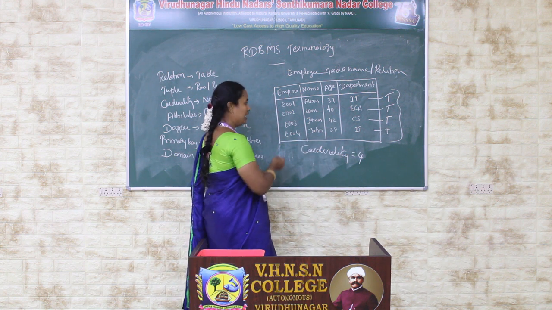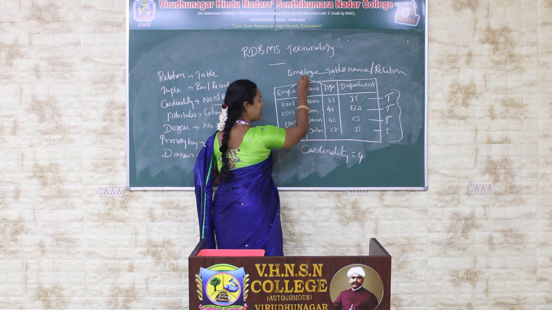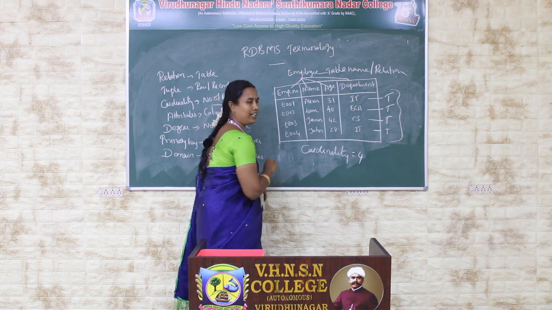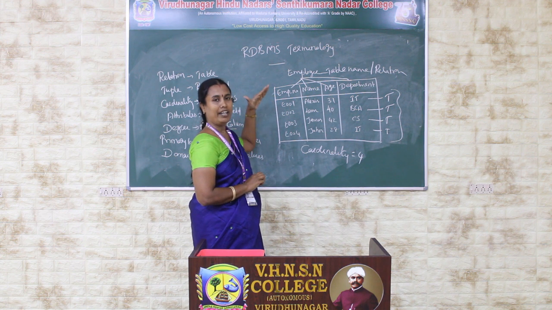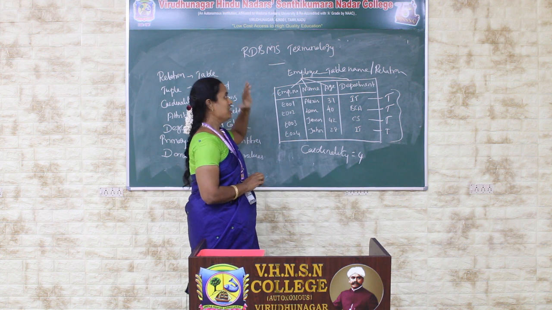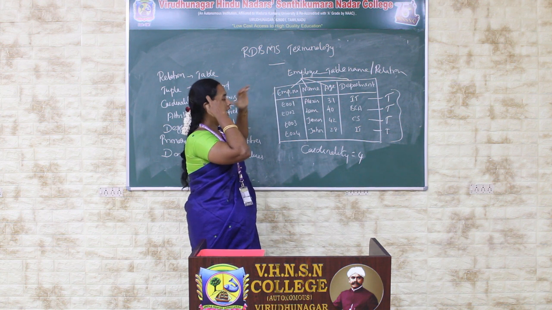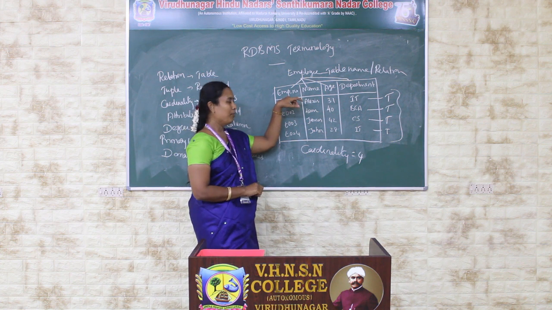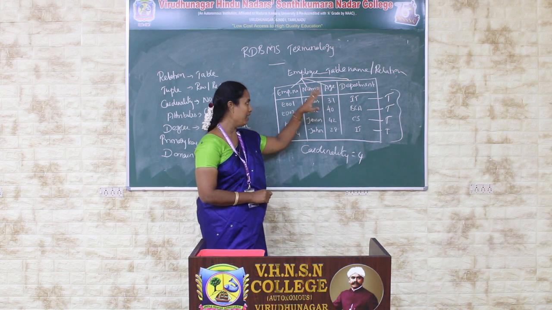What are the attributes? In this table, employee number, name, age, department, all these fields are contained. So an attribute may be a column name or a field name in the table. In my example, I take employee as the relation, and the attributes are employee number, name, age, department.